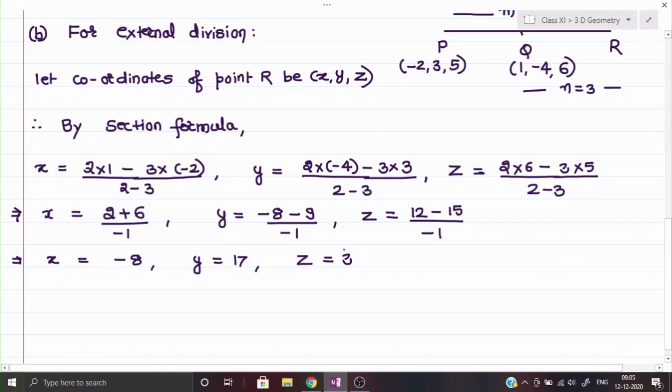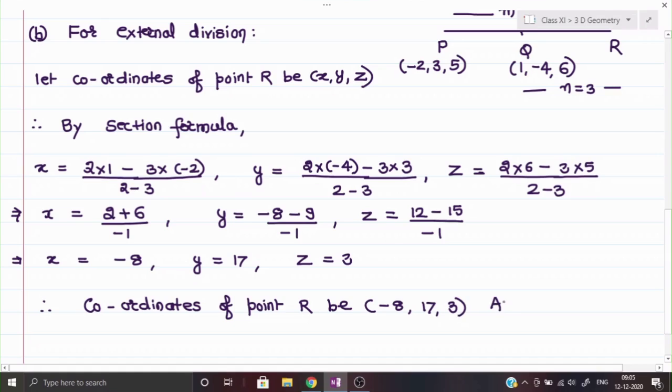Okay, so we can say that therefore the coordinates of point R will be, first one is minus 8, 17 and then, okay, this will be your second answer.